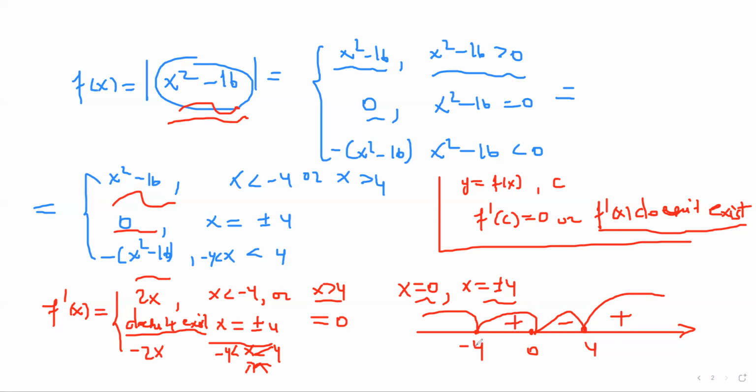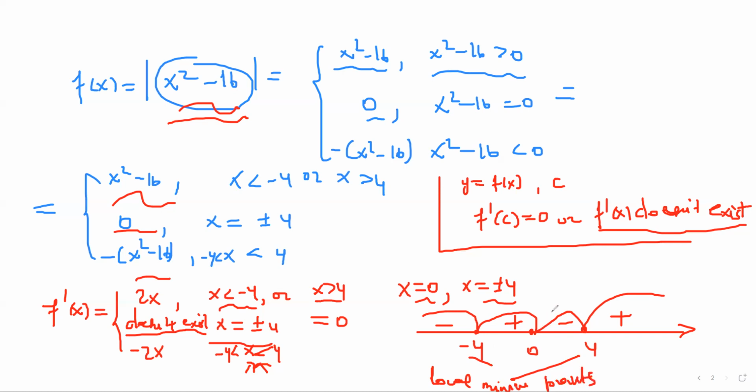Less than -4, we take any number, for example -5. -5 falls in this interval, so 2 times -5 is negative. We see that the signs change from negative to positive here, and from negative again to positive. So obviously these points, -4 and 4, are local minimum points.